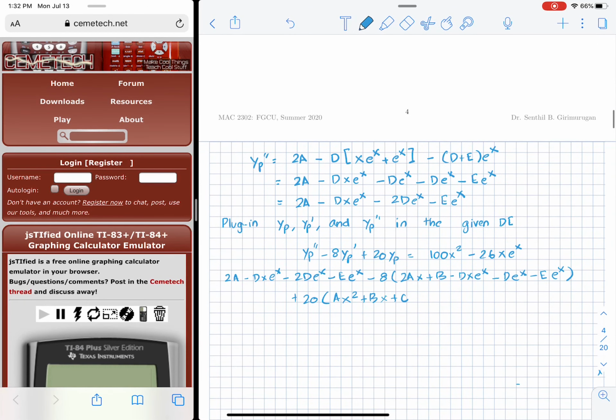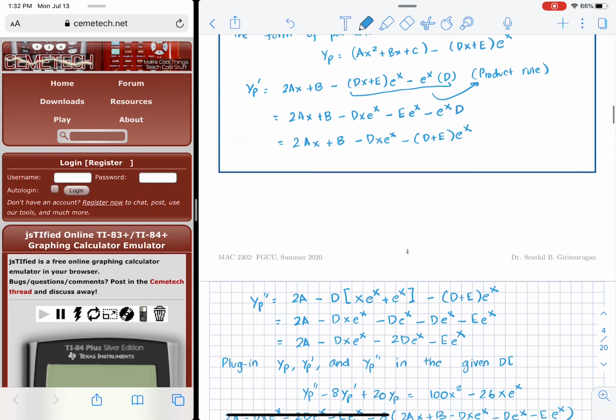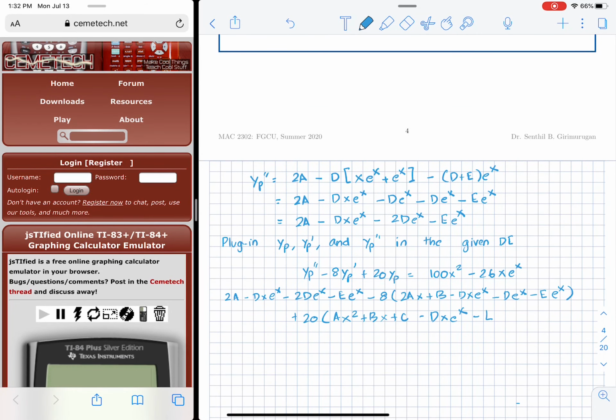minus dx e raised x minus e raised x equals 100x squared minus 26x e raised x.